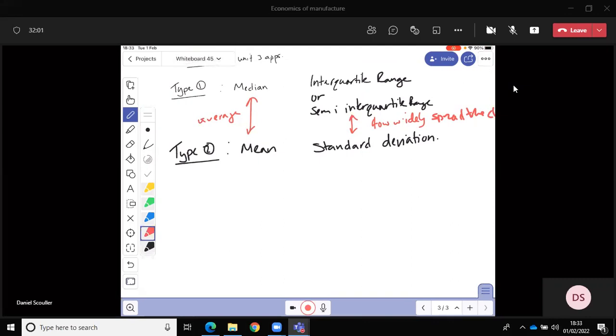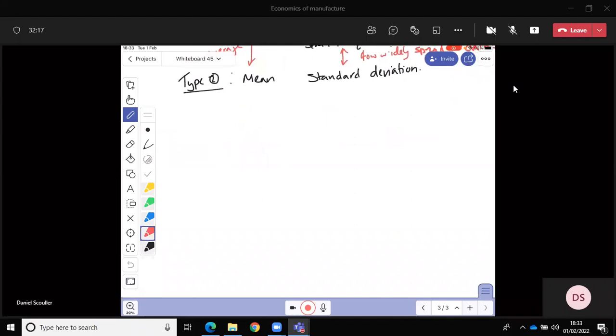And there's a few things that people miss out, and they miss really easy marks. Okay, so we'll make sure we're comfortable with that and we cover it. Okay, it's really just about describing what your answers are and comparing two sets of data. Okay, so type 1.